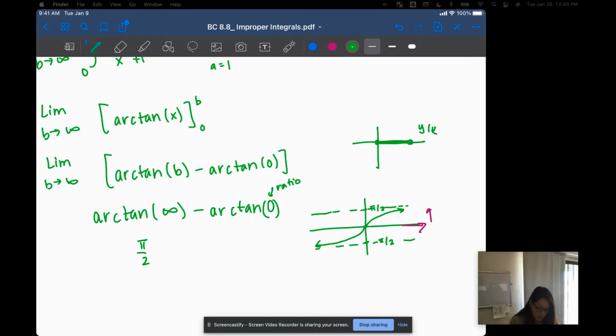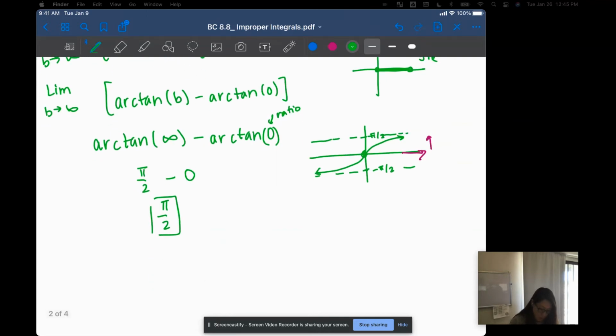So the angle of 0, or you can look at the graph and see that at 0, 0, you have a ratio of 0 and an angle of 0. So I see that pi over 2 is my answer. So the integral converges at pi over 2.